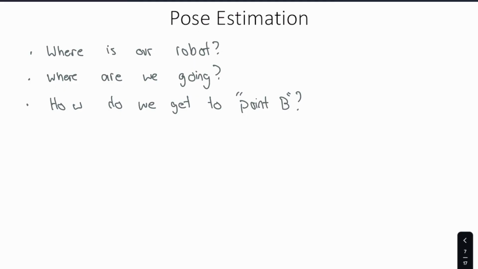You probably have a picture in your head of something like an XY coordinate. And maybe our robot is currently here at some XY location, and we're trying to get to some target location.